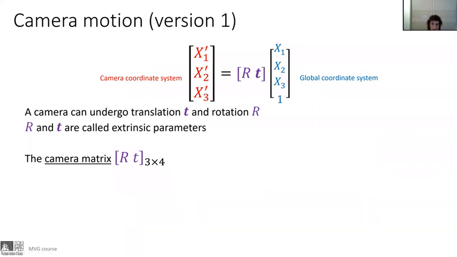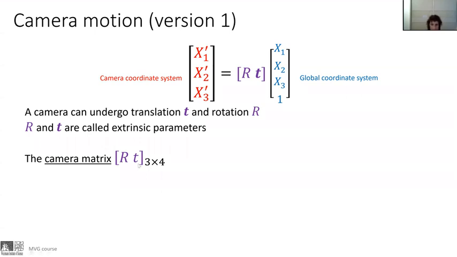So, a recap. If we have a local coordinate system and a global coordinate system, we know how to move from each to the other. Just to say that R and T are called the extrinsic parameters of the camera. This is as opposed to the inner parameters that we'll see later on in the lecture.